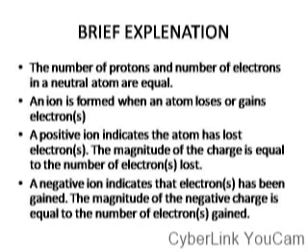Similarly, if an atom gains electrons, the number of electrons would have increased compared to the number of protons, and that means there will be a net negative charge, because electrons are negatively charged and protons are positively charged. So if you have an atom that has 15 protons and 15 electrons, and you now add 3 electrons to it, then we are going to have 18 electrons and 15 protons.